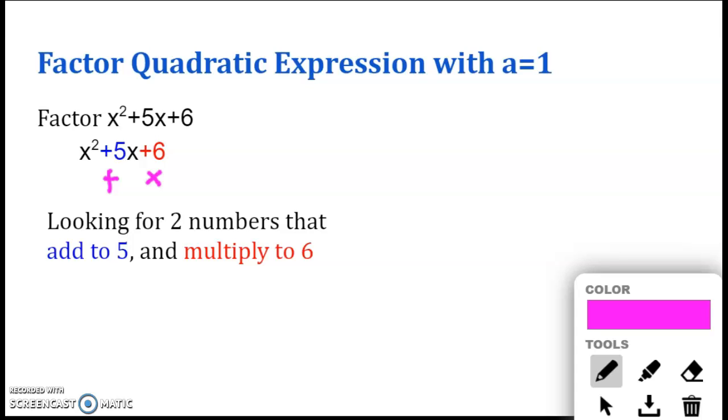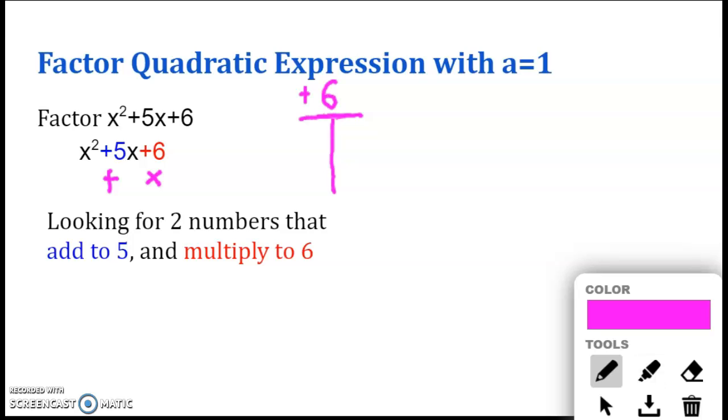Now, to figure out the addition combination, there are a whole lot of combinations. However, factors of a number are far easier to find. So if I look at positive 6, what are the factors of positive 6? I can use this table.